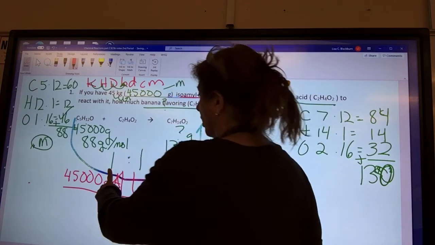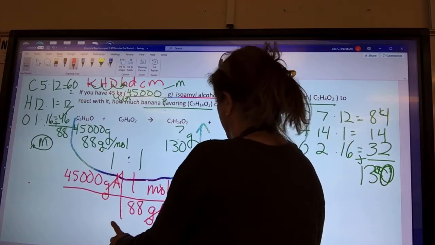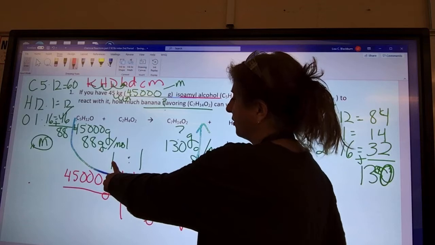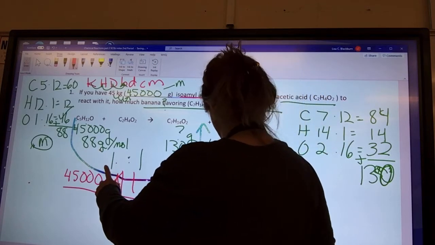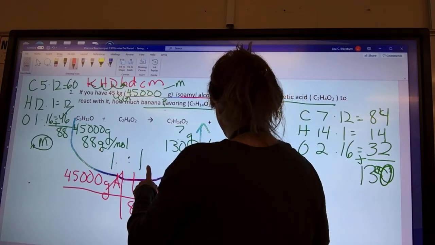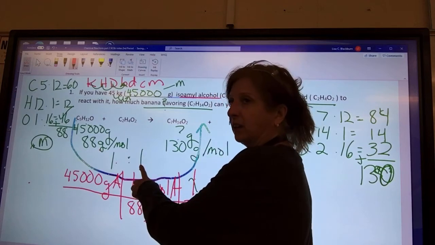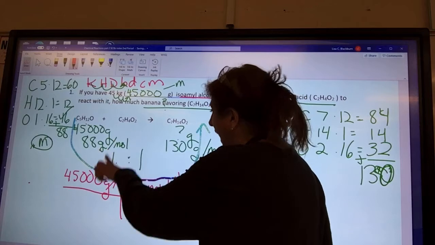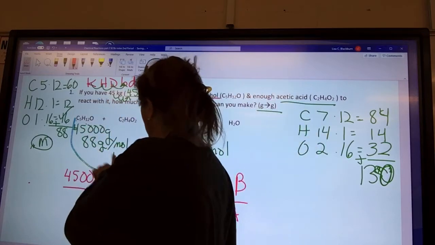The number that goes with these moles is 1. The number that goes with those moles is also 1. This is moles of alcohol. This is moles of banana flavoring. Does that make sense? This is the hardest part. You have to go through this, and if you don't, you're going to mess up.